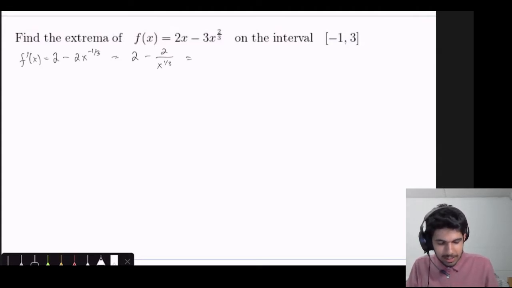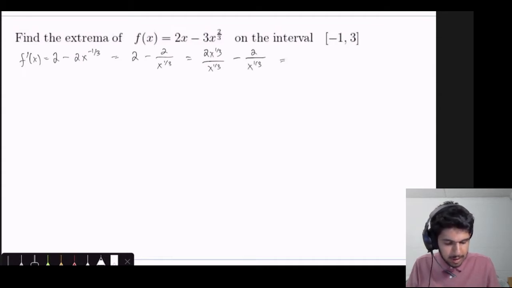So let's just say that this is equal to 2x to the 1/3 over x to the 1/3 minus 2 over x to the 1/3, right? Because now we can subtract these two fractions, and we're left with 2x to the 1/3 minus 2 all over x to the 1/3, and since I'm feeling up for it, let's just factor out the 2.